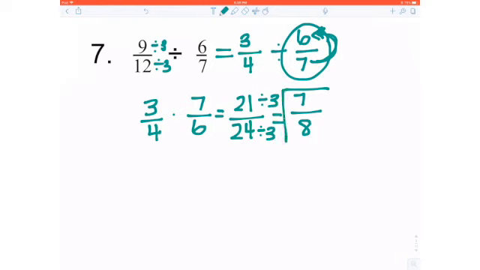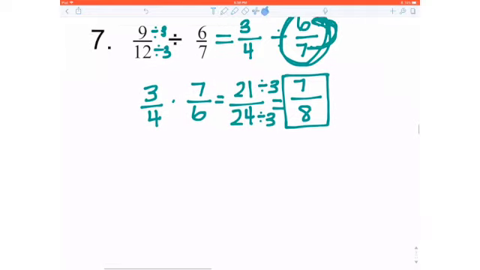So our answer to number 7 is 7 over 8. So just to recap, when we're dividing with fractions, we take the second fraction, we flip it, and we multiply them. Okay? So, I want you to give that a try.